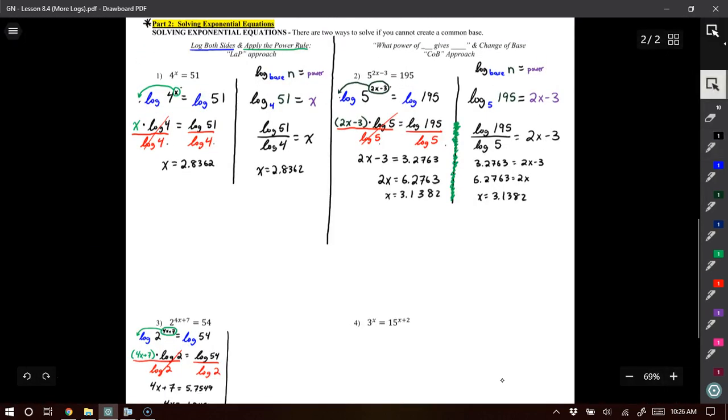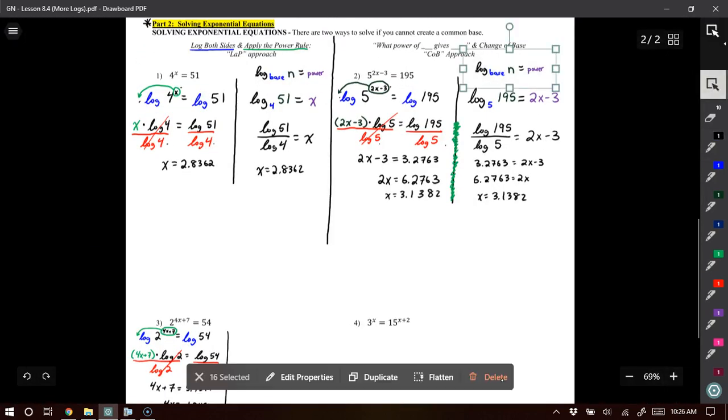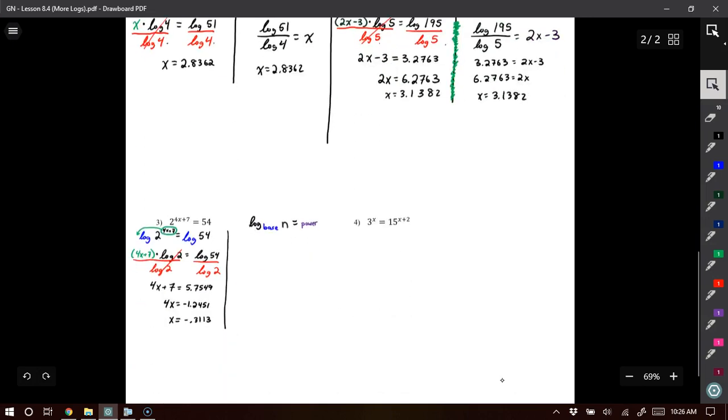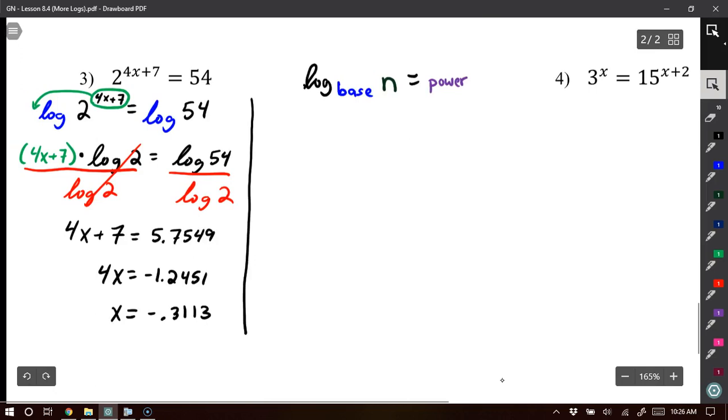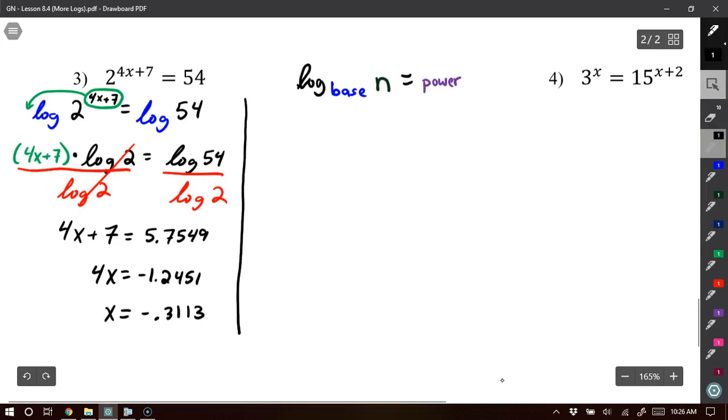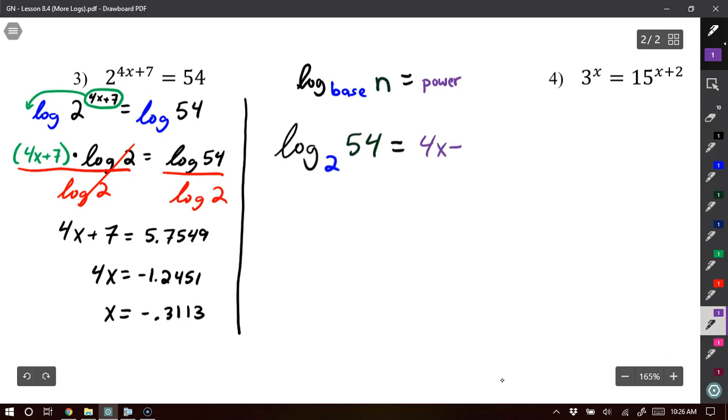Now let's grab this, so I don't have to rewrite it. Because I'm a concept person, I love just reading it and translating it based off the question. What power of blank gives me blank? So what power, my base is 2, so what power of 2 gives me 54. And the problem tells me that power is 4x plus 7.